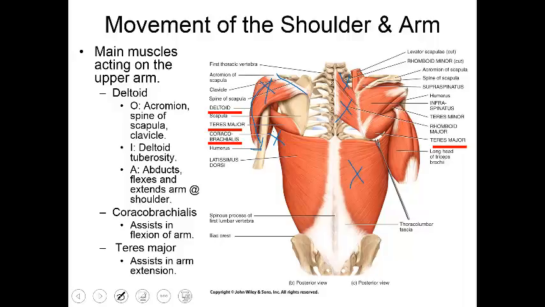Now on the infraspinous side, we have again a pair of muscles. They're called the teres minor and the teres major muscle. This one right here is the major, and it's on the inferior side. This one is the teres minor, which is on the superior side.